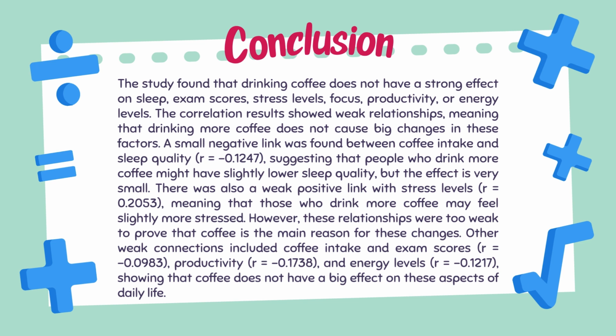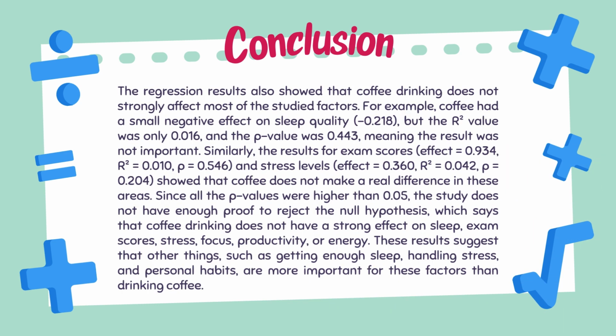The regression results also showed that coffee drinking does not strongly affect most of the studied factors. For example, coffee had a small negative effect on sleep quality of negative 0.218, but the R squared value was only 0.016, and the p-value was 0.443, meaning the result was not important.